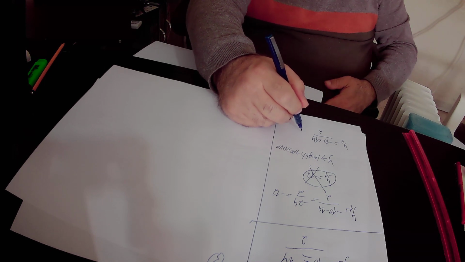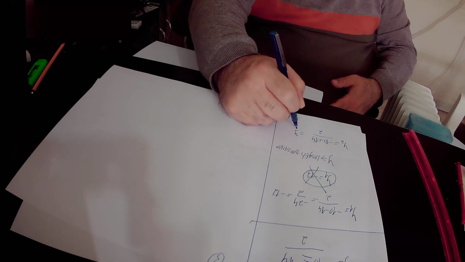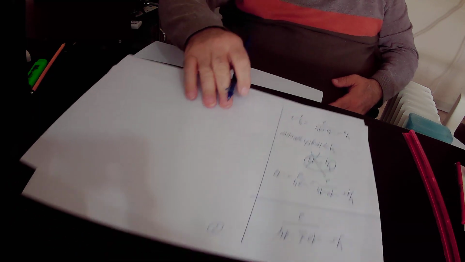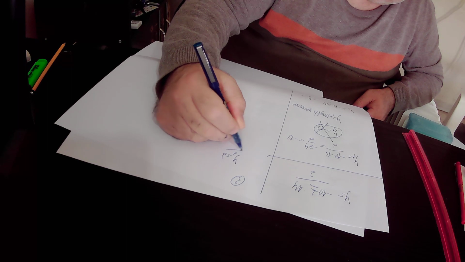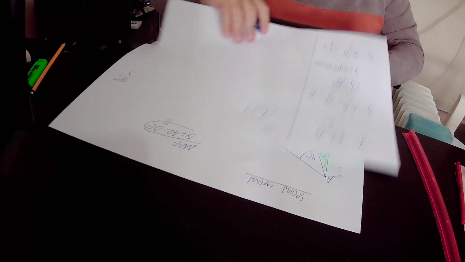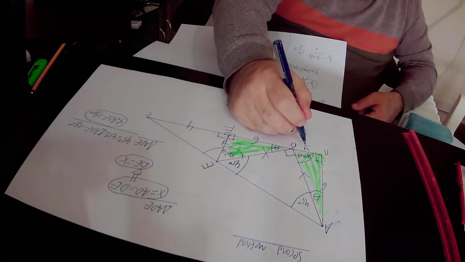Minus 10 plus 14 is 4, and 4 over 2 is 2. So y2 equals 2, and we can write here that y equals 2.